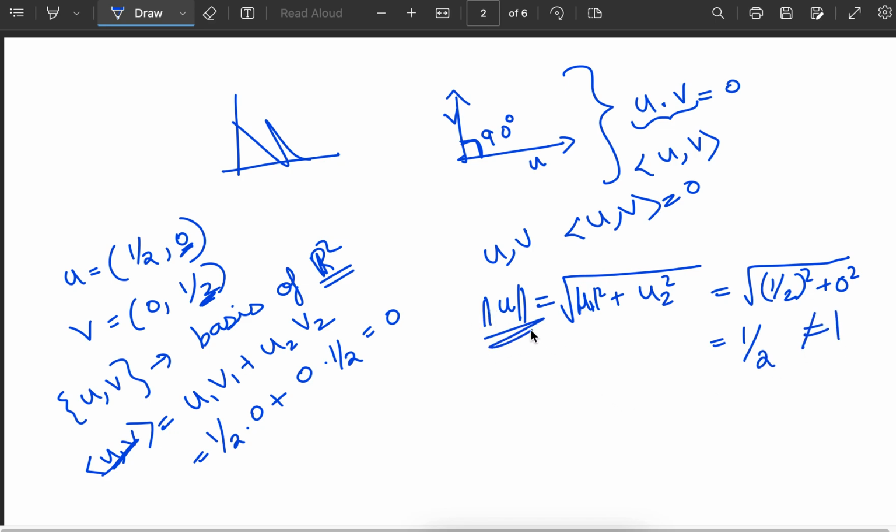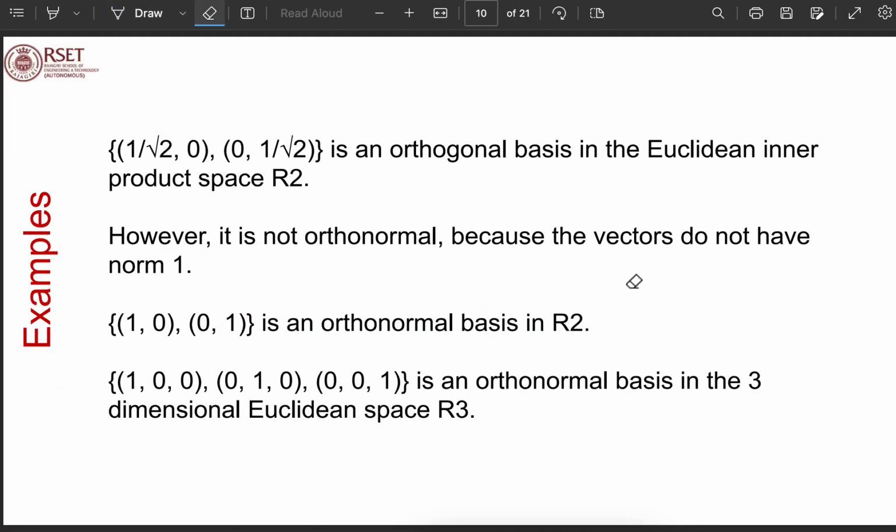So its length is not equal to 1, therefore this vector is not orthonormal. So we can say that this basis is not an orthonormal basis of R². It is an easy example.